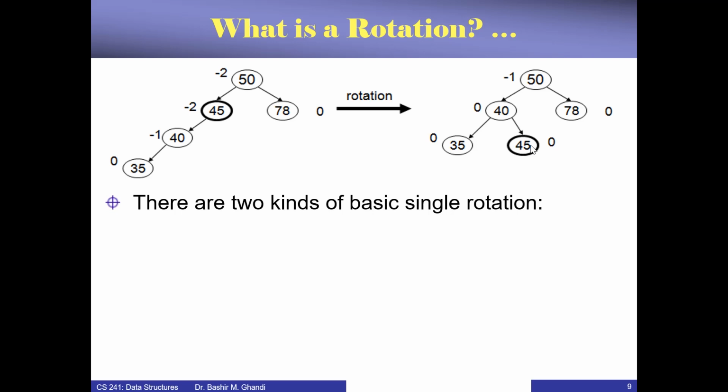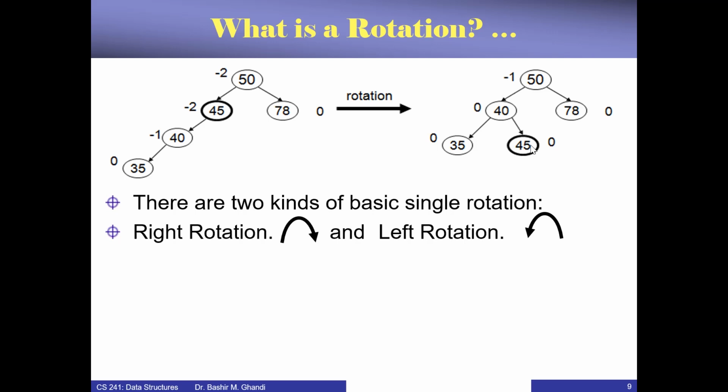We're going to take the different types of rotation one by one and explain each one in detail so that we understand what it means. There are, first of all, two basic kinds of rotation, a right rotation and a left rotation. But when you do an insertion, sometimes you may have to do a double rotation to balance the tree, not just these basic single rotations.